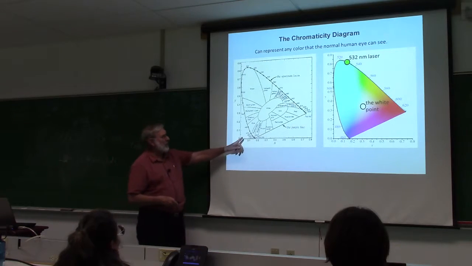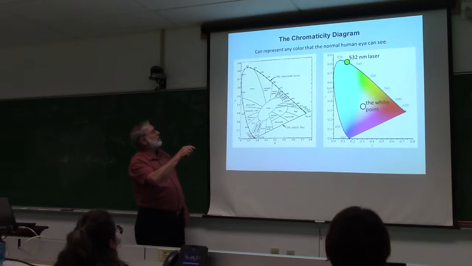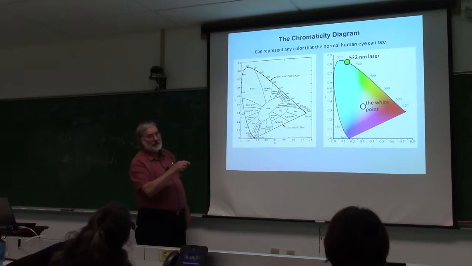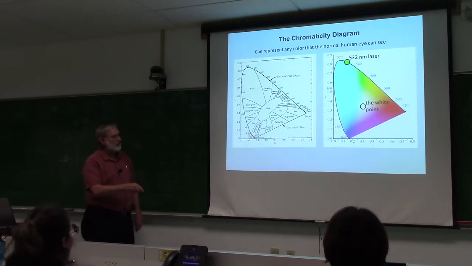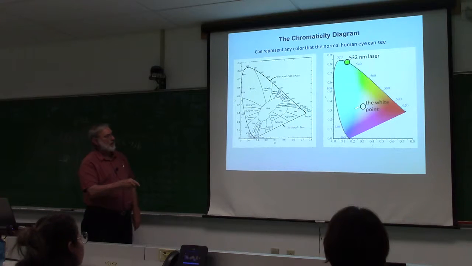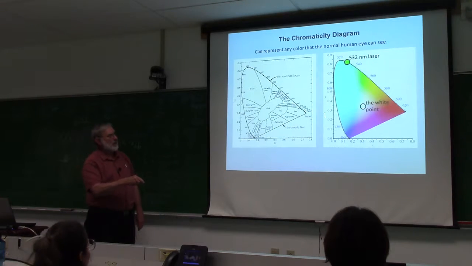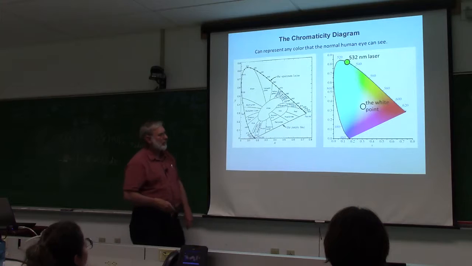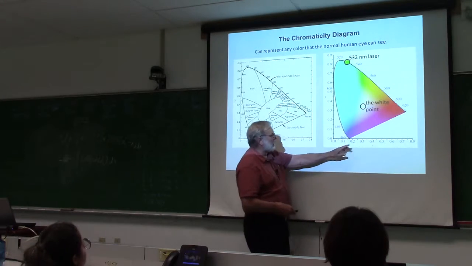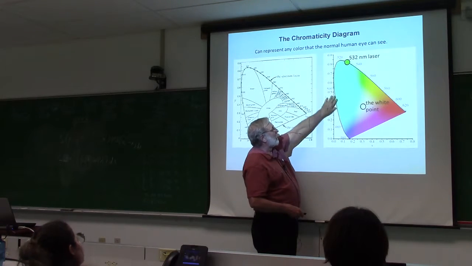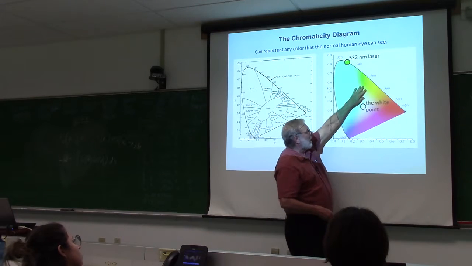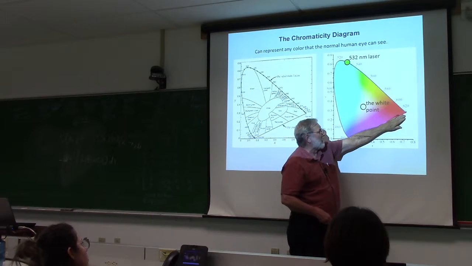So if you have a laser beam at 532, you're at that point right there. There's 530, 540. So there's the 532 laser beam around the edge, the white point in the middle, and then everything else. So there's blue here, goes around to the green, yellow, orange, and around to the red.